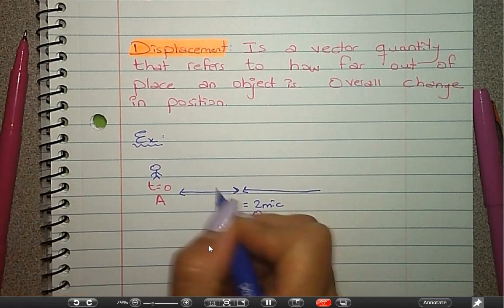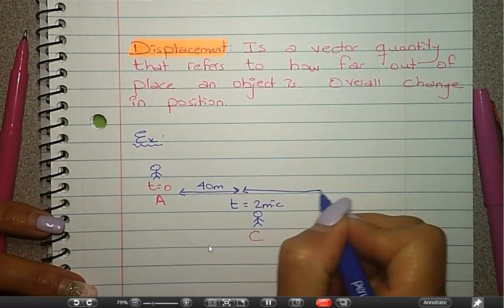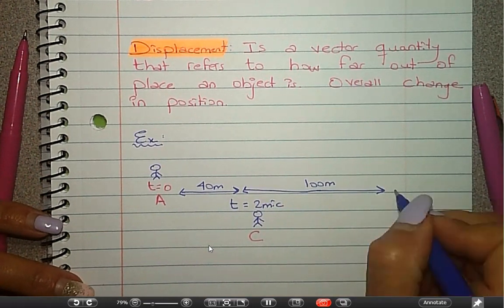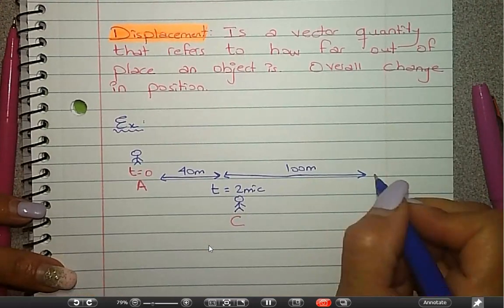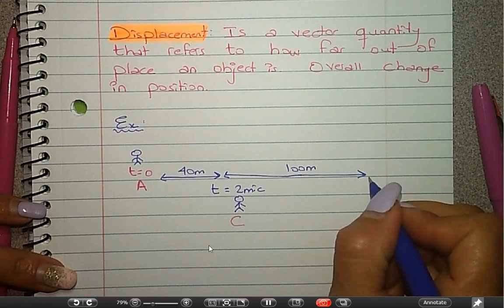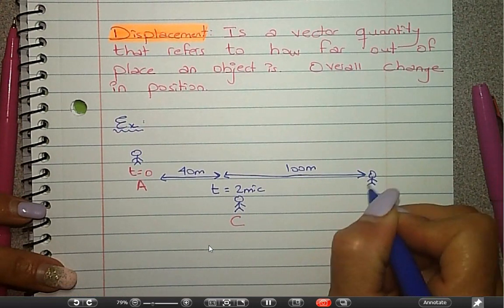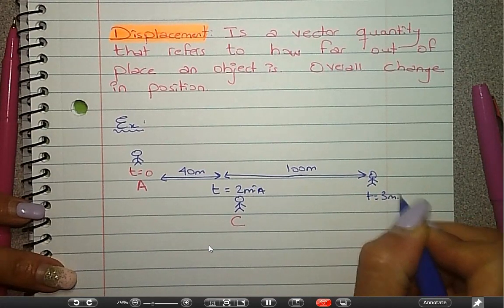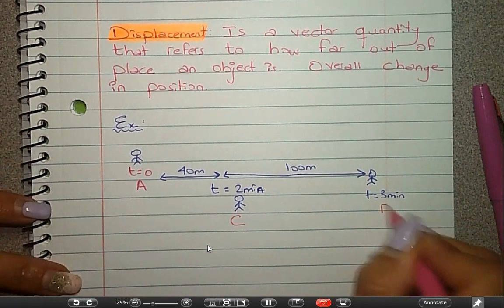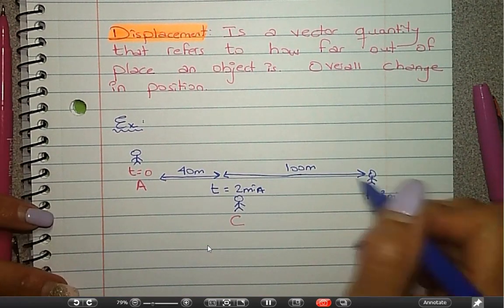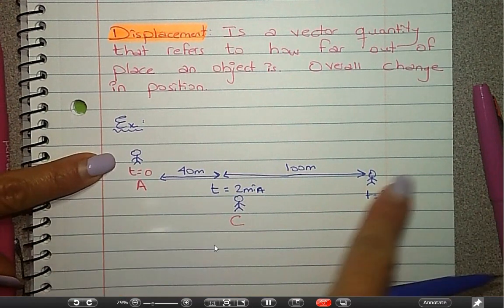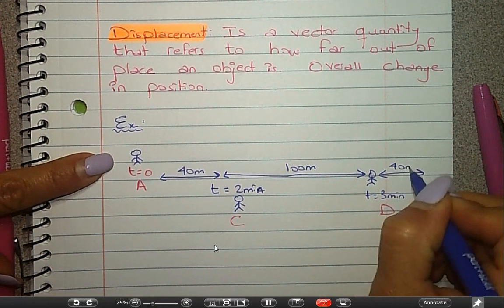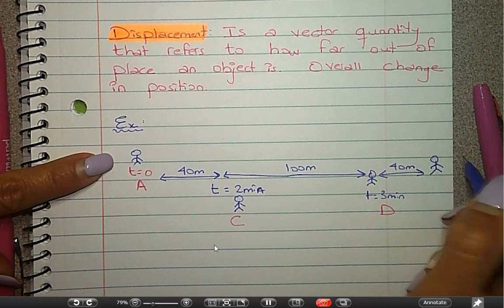Well, let me say here he traveled 40 meters, and then he traveled 100 meters, and at time t equal 3, was in position D. But first, he moved from here all the way to that position in 1 minute.